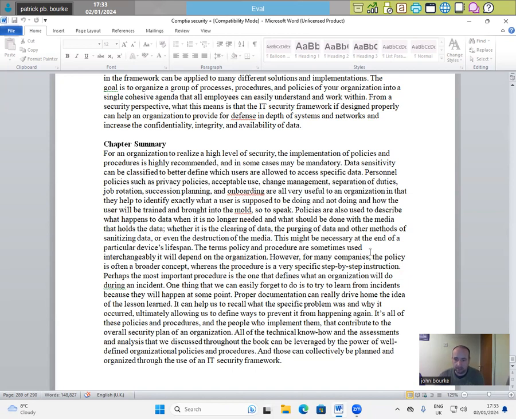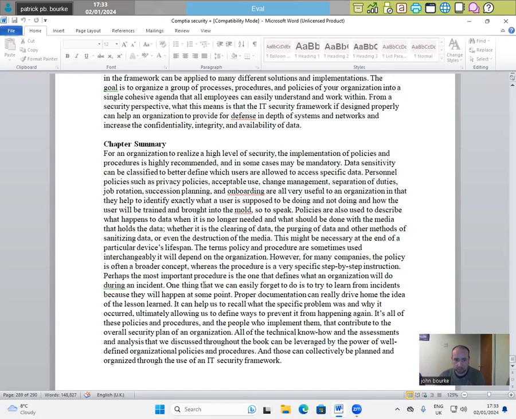This might be necessary at the end of a particular device's lifespan. The terms policy and procedure are sometimes used interchangeably. It will depend on the organization. However, for many companies, the policy is often a broader concept, whereas the procedure is a very specific step-by-step instruction.